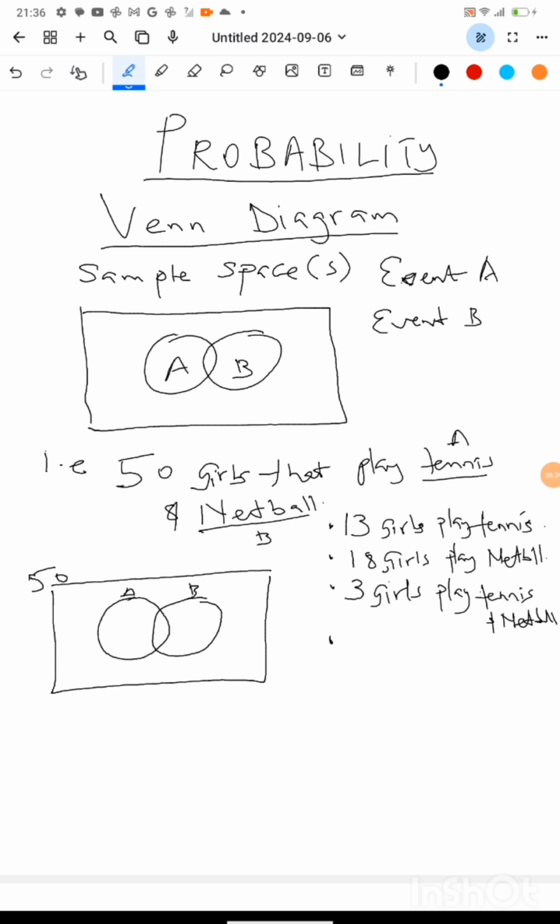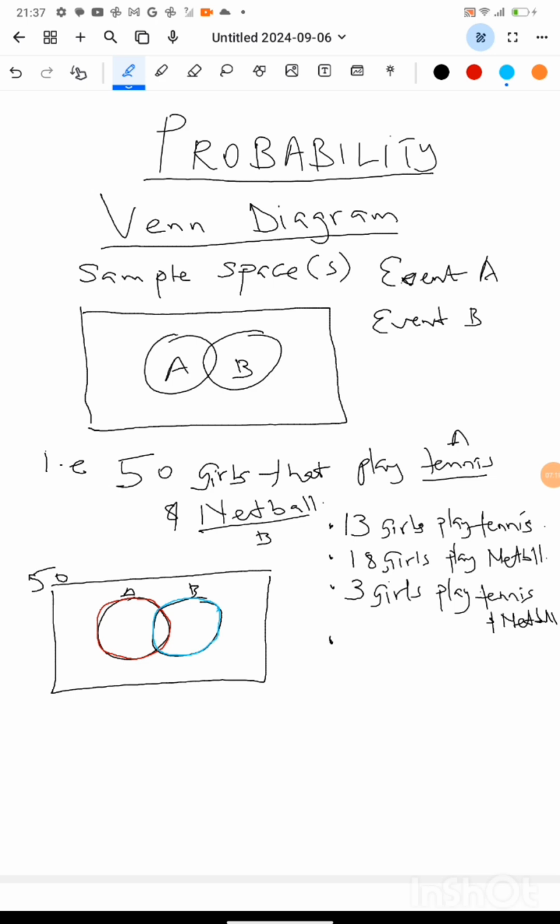What are we told? So remember, they said 13 girls play tennis. So I'll pick red. So the 13 girls that play tennis is the whole of this circle here. The whole of that circle should be 13. And then 18 girls play netball. Then the whole of this is girls that play netball.